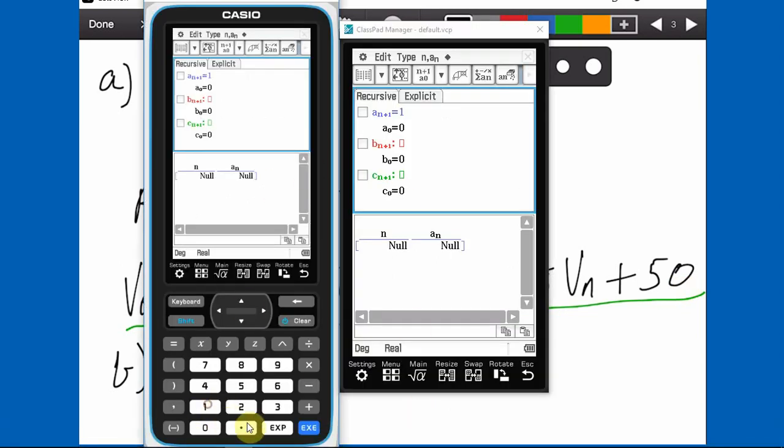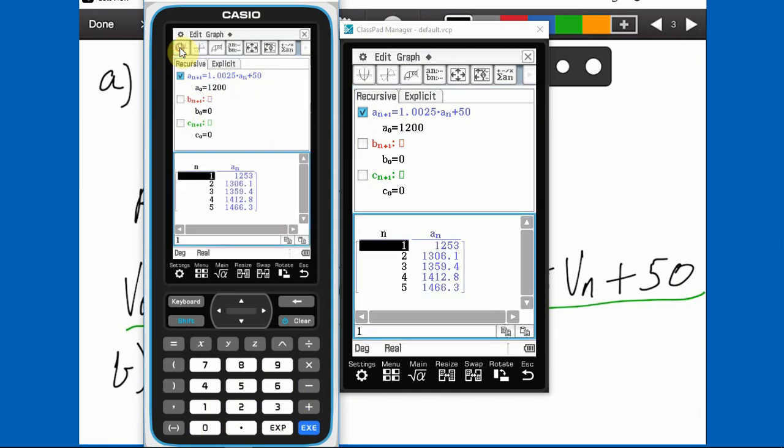So 1.0025, okay, we're using A, not V here. A n plus 50. And we're starting it with $1,200. And so now to fill out the table, there we go. Now my table's only going down to 5 here.